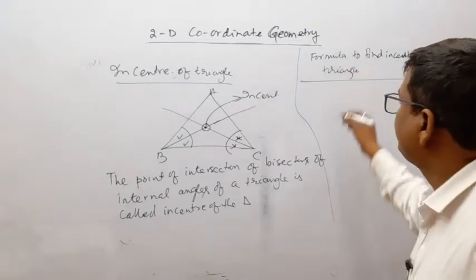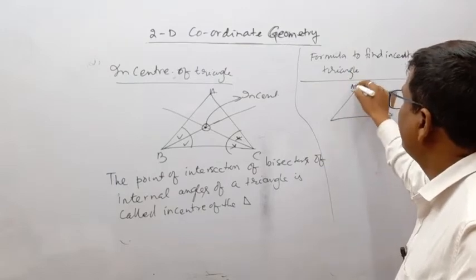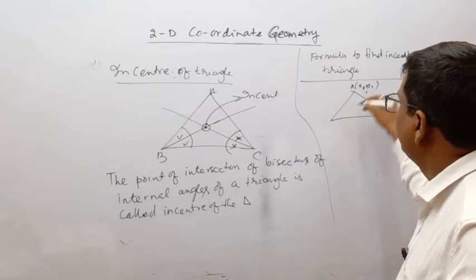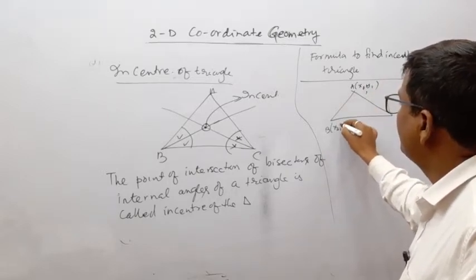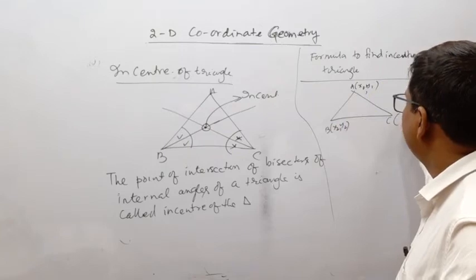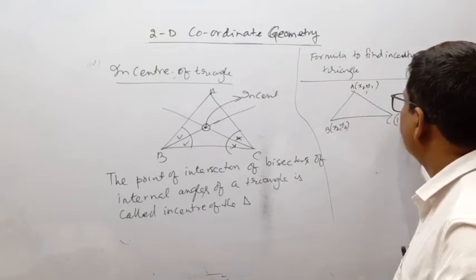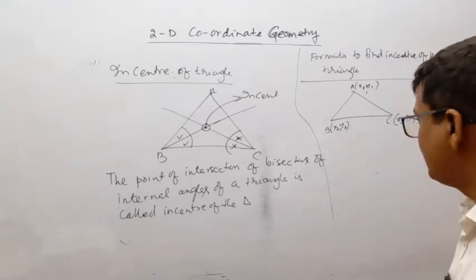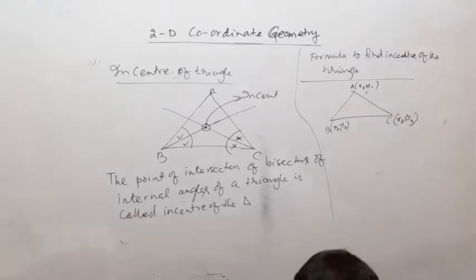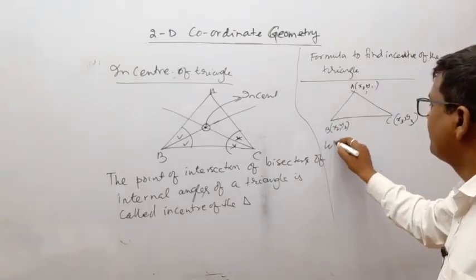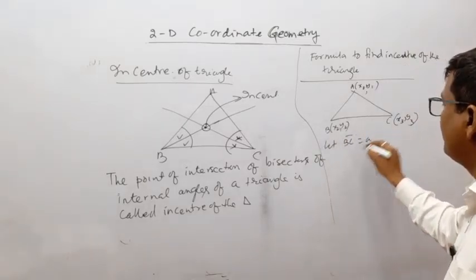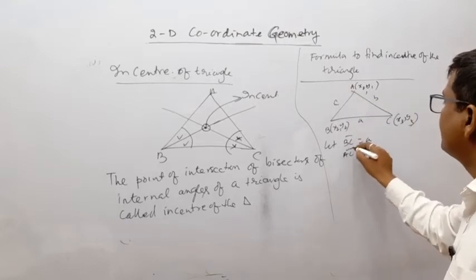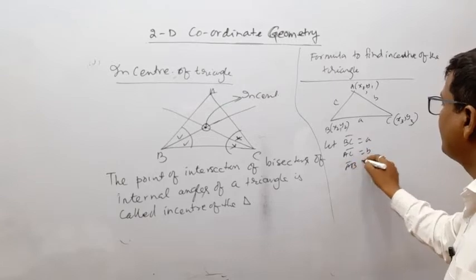Suppose this is A of x1, y1, and this is B of x2, y2, and this is C of x3, y3. Now the incenter is equal to, suppose this length BC is equal to a, this is a, CA length is equal to b, AB length is equal to c.